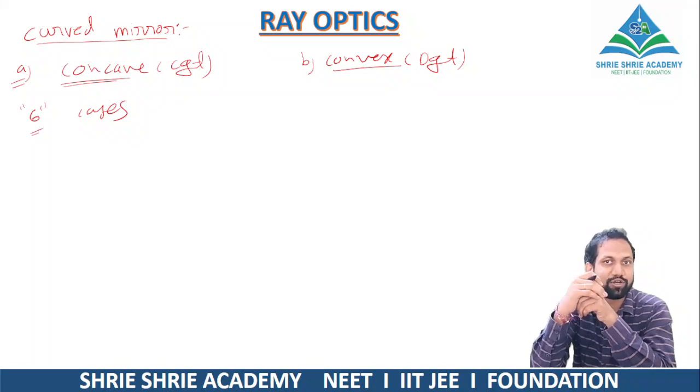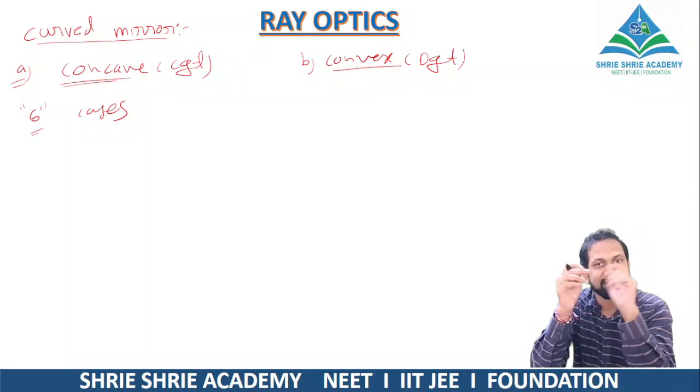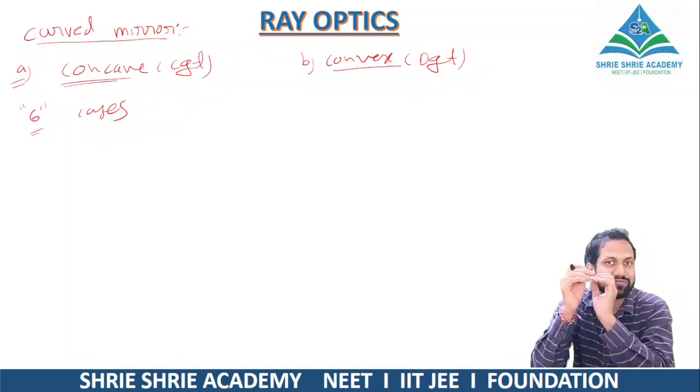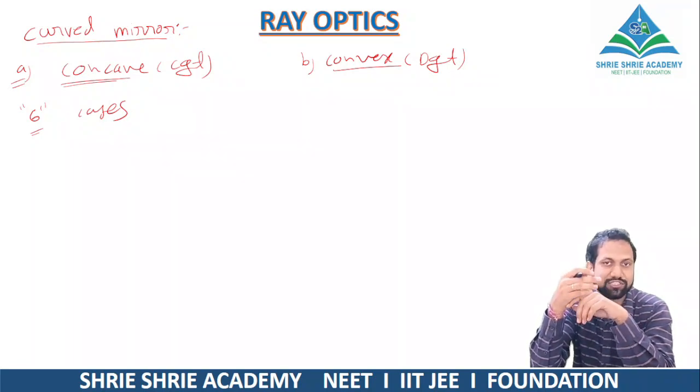Case 5, when the object is at the focus, that means the object distance equals the focal length, then the image will be at infinity, real, inverted, enlarged. Case 6, last but not least, you have to remember this: when the object is in between focus and pole, then the image formed will be a virtual, erect, enlarged image.